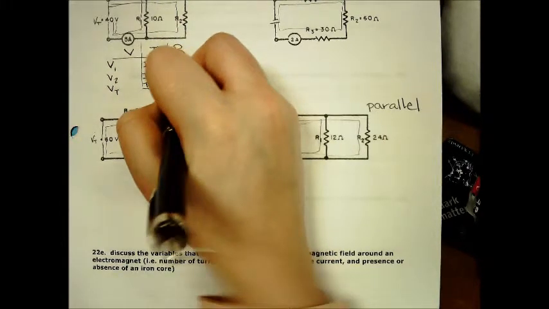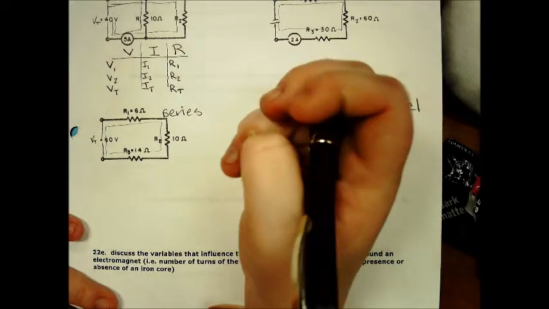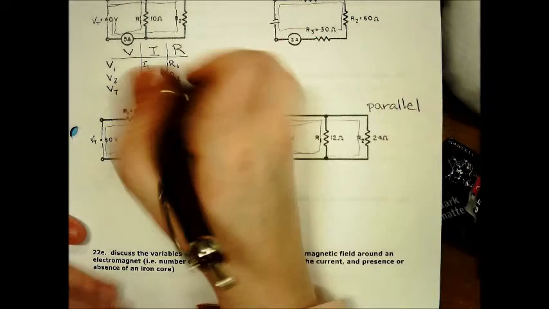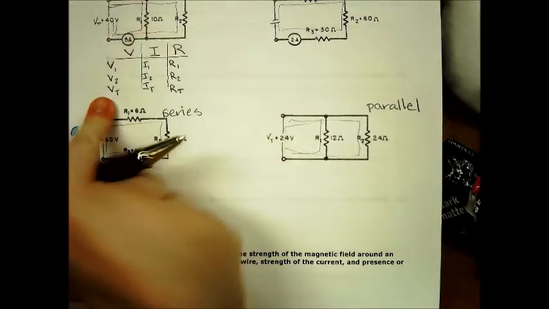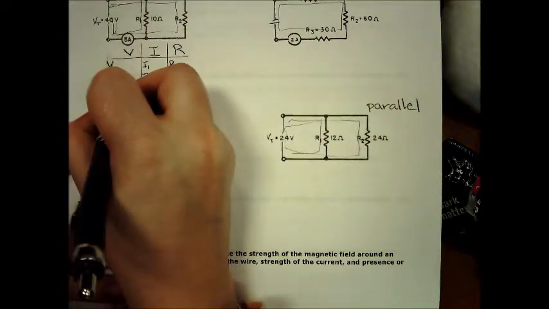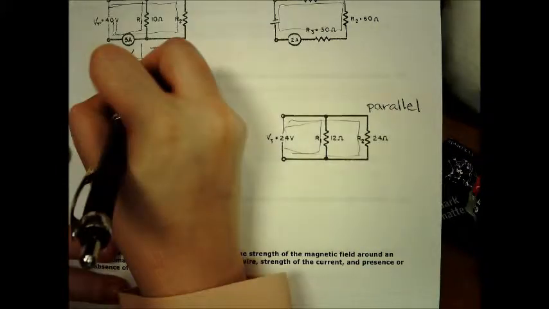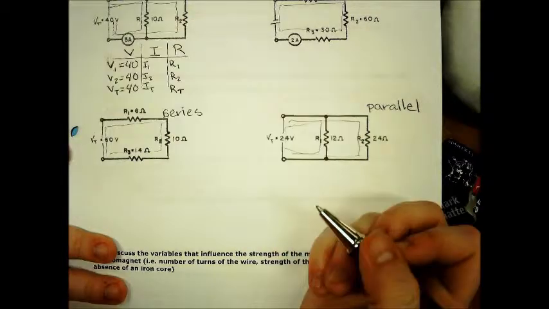Now on the formula sheet, it even helps you out some by telling you what stays constant for each type. In parallel, it's the voltage that stays constant. So we're given VT, which is 40. Since it's a constant, that means that V2 is 40 and V1 is 40.